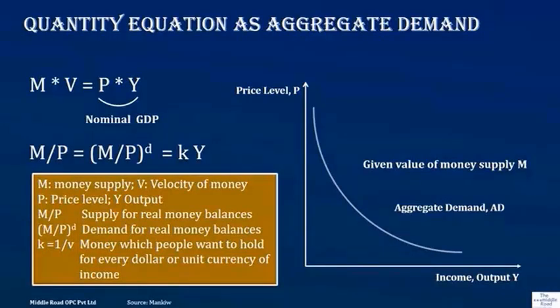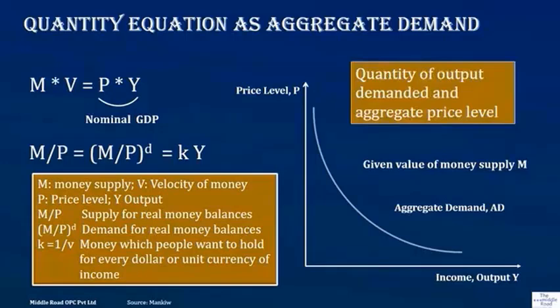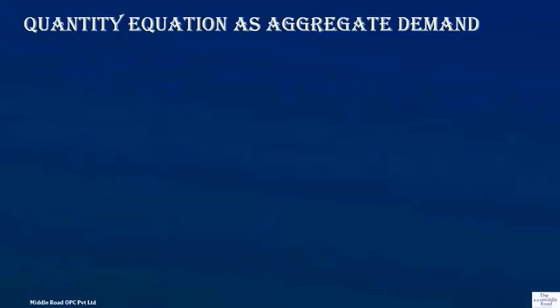Whenever we are talking about this, we see that aggregate demand is inversely proportional to the price level. For real money balances, the demand depends on the inflation rate, which I talked about, the nominal interest rate, which is basically the interest you get in banks, and Y, the output.